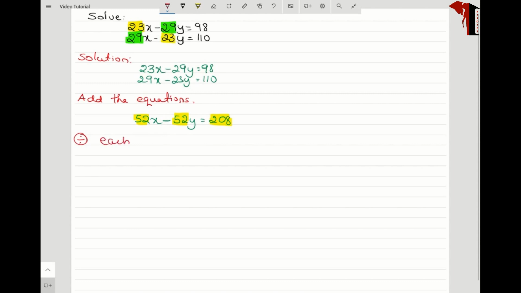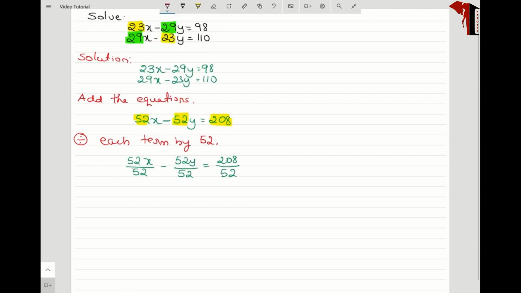each term by 52. So if I divide, what will I get? Usually this step is not required, but still I am writing it. It is 52x by 52 minus 52y by 52 equals 208 by 52.